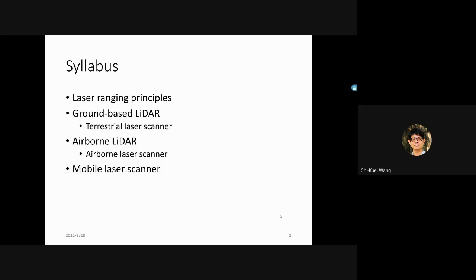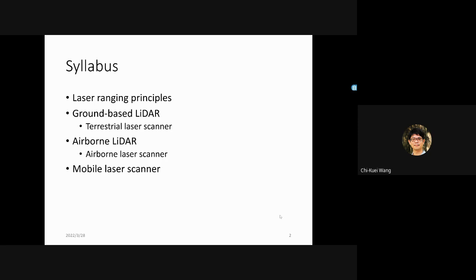All right. So for today's syllabus, in the first part, I will introduce the laser ranging principles. Later on, I will talk about three kinds of LiDAR. The first is the ground-based LiDAR, nowadays sometimes called terrestrial laser scanner, TLS.